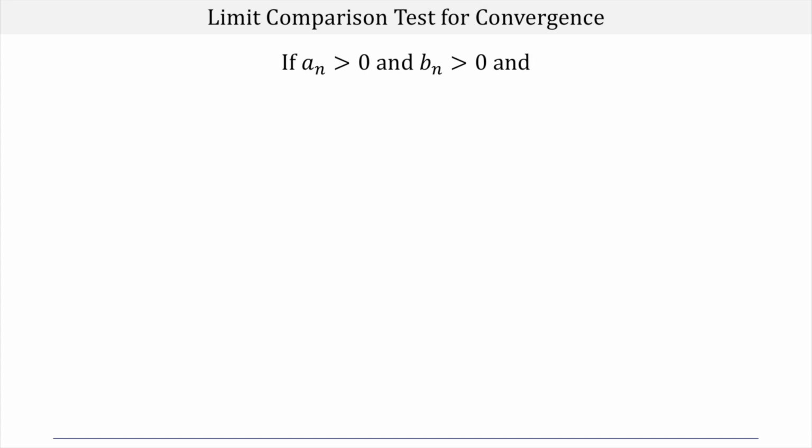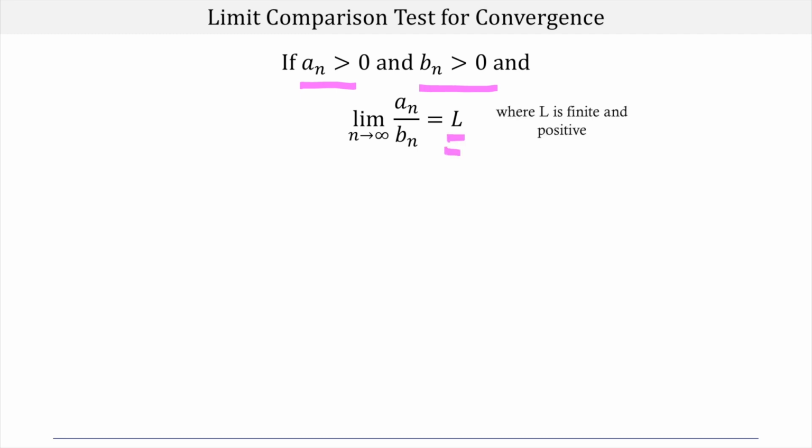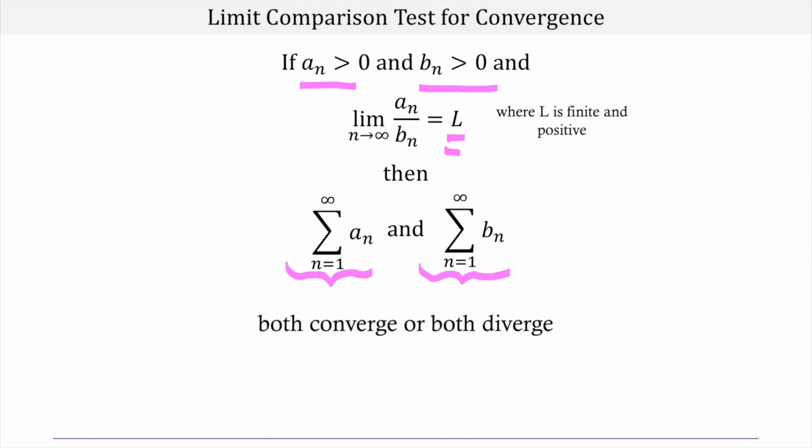What it says is, if a sub n is positive and b sub n is positive, and the limit as n approaches infinity of a sub n over b sub n equals L, where L is a finite and positive number, then the infinite series of a sub n and the infinite series of b sub n either both converge or both diverge, which probably sounds like a lot of gobbledygook so far.